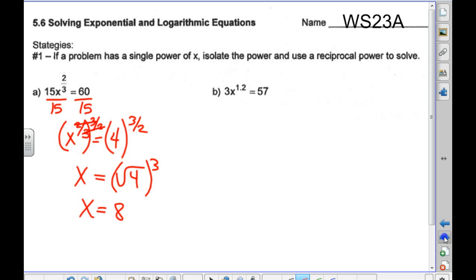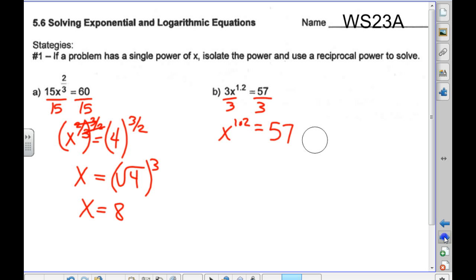All right, algebra first. What are we going to do over here? That's 1.2, sorry. We could make 1.2 a fraction. Anybody know what it would be? Oh, yeah, thank you, it's 1 and 1/5.